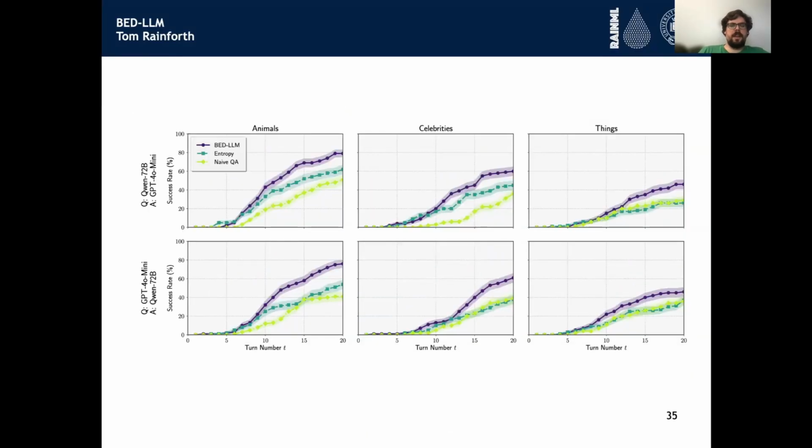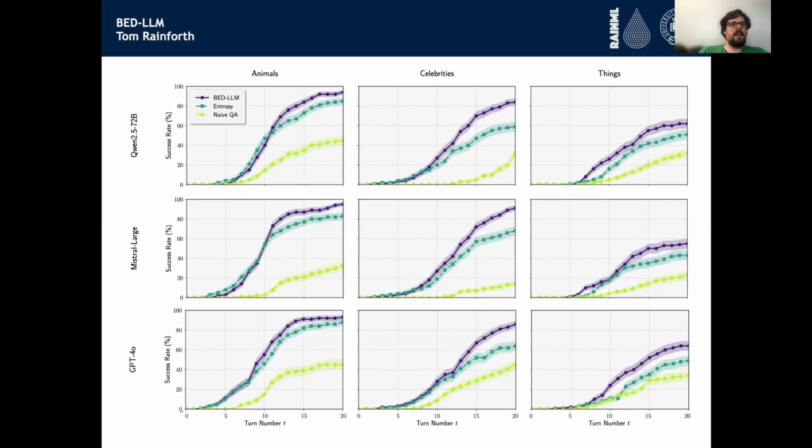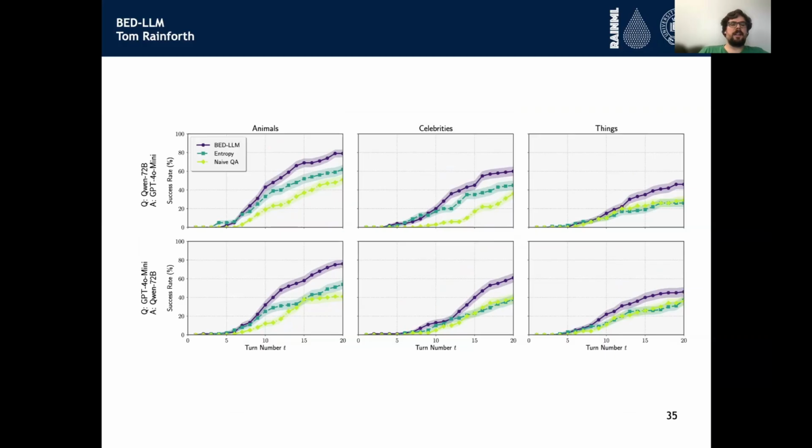It's also, of course, important to test what happens when we use different LLMs for the questioner and the answerer. In these results, we're using either Qwen, Mistral, or GPT as both the questioner LLM and the answerer LLM. So this is a well-specified model scenario, because our response model is equal to the likelihood.